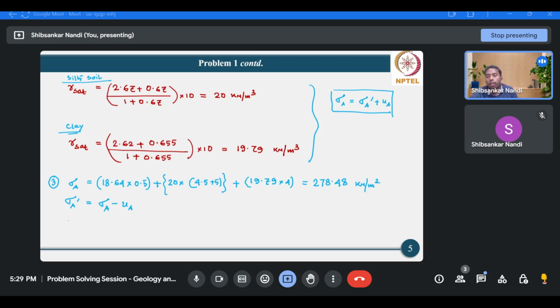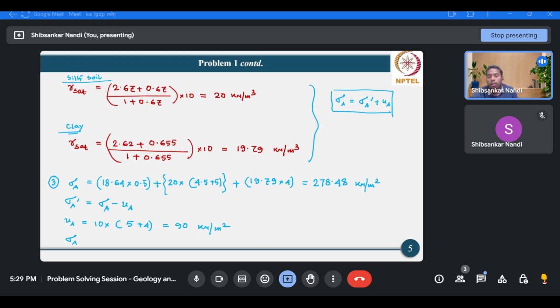So uA is 10 multiplied by 5 plus 4, that means 90 kilonewton per meter square.